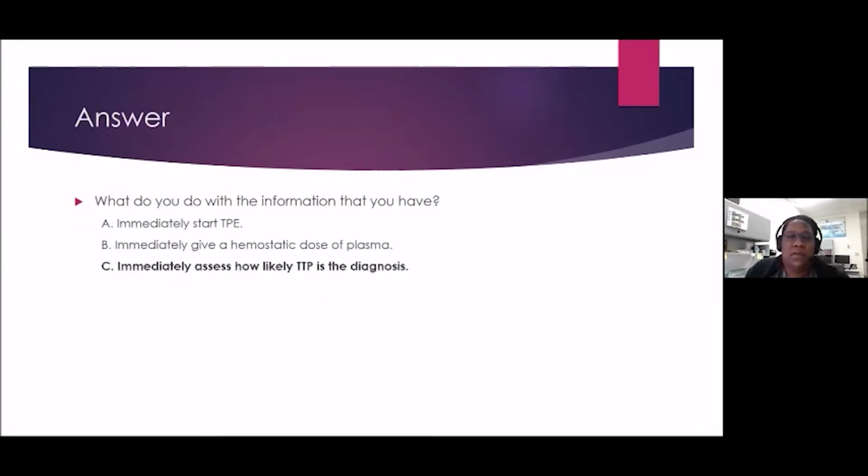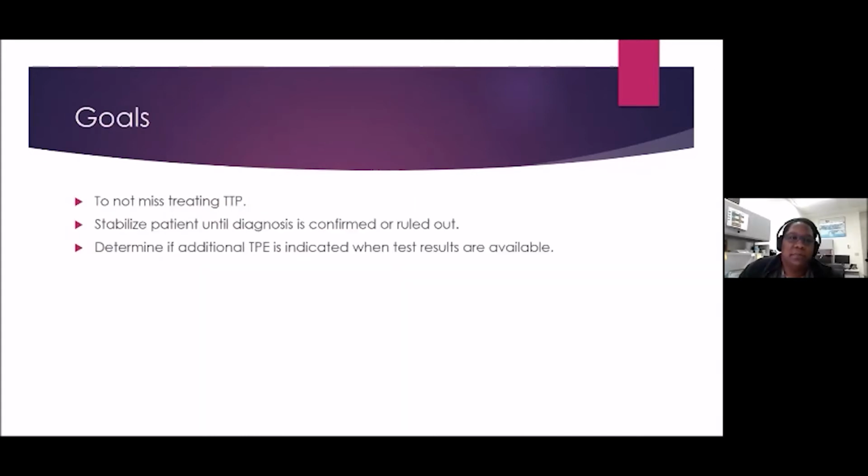The answer is C. The first thing you need to do is use a certain tool that I will speak about in just one slide to see if TTP is the likely diagnosis. When I started back in my day, you just had to go off of some lab values and your gut feeling about what this could be. But there is something that was developed just a few years ago that will help us with that.